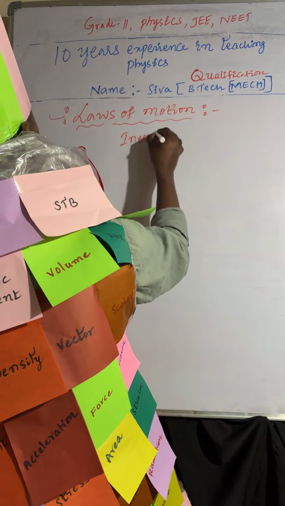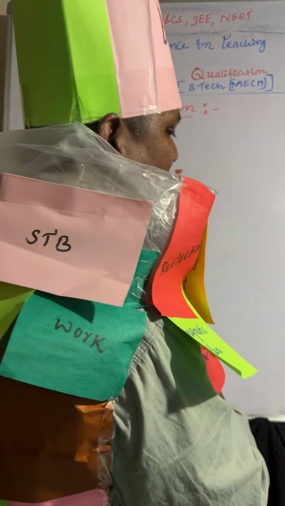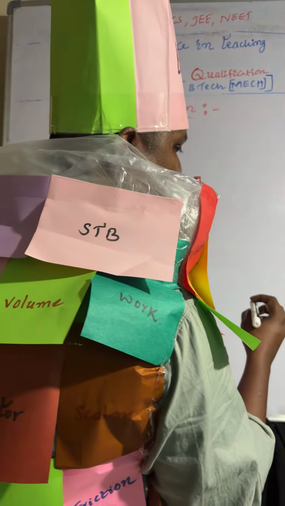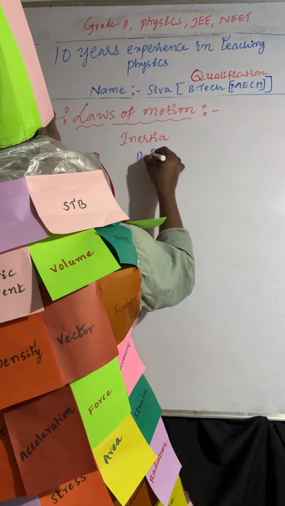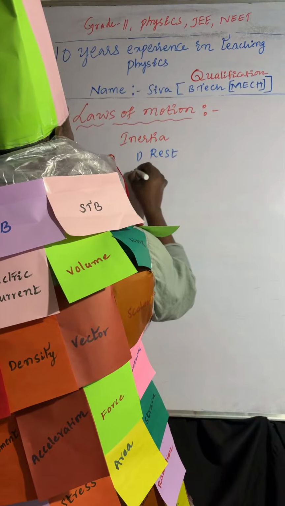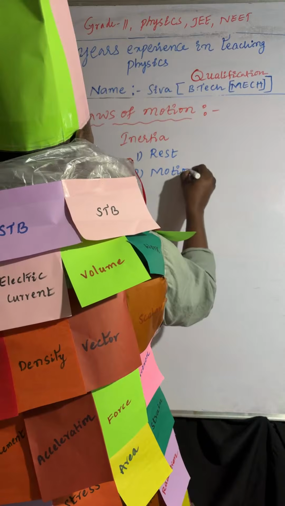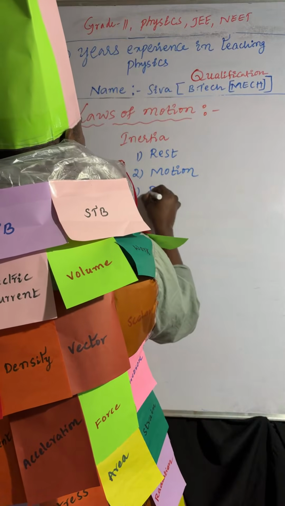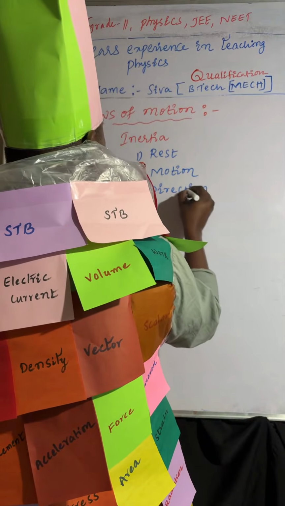What is inertia? How many types are there? The first one is inertia of rest. The second one is inertia of motion. The third one is inertia of direction.